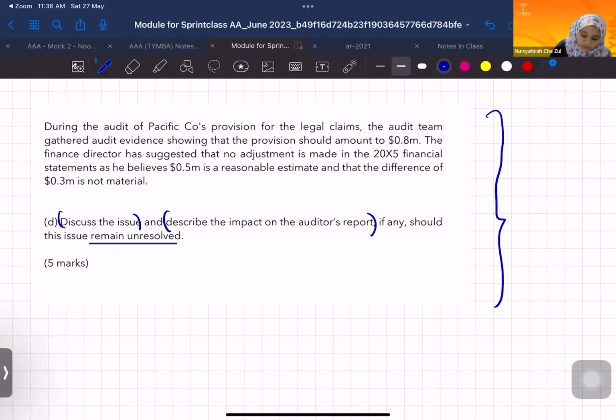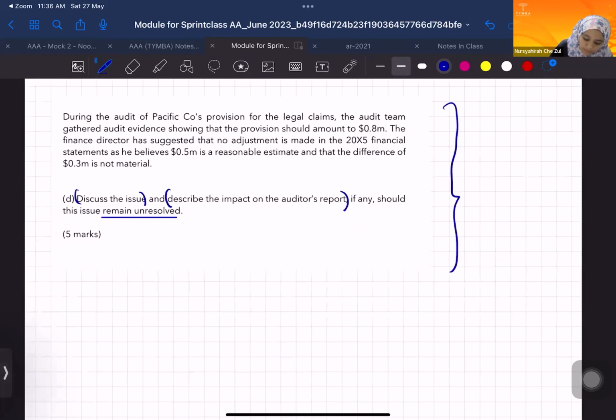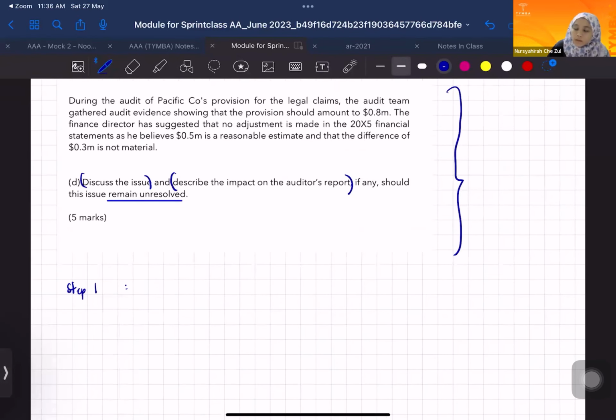So this is what should be included in your answer. Step 1 is summarize the issue. Step 2, calculate materiality of misstatement.